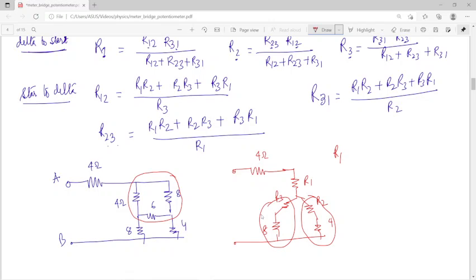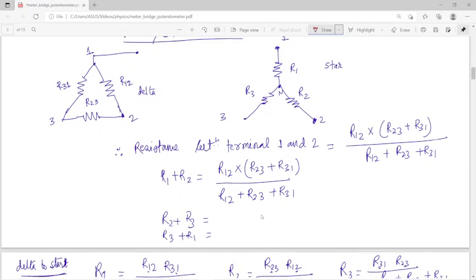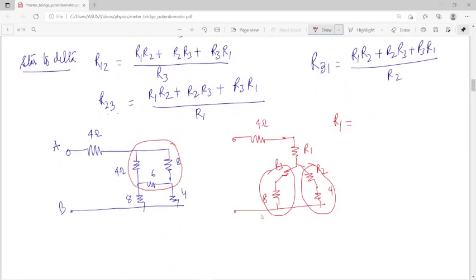In the delta connection, this is R12, this is R23, and this is R31, right?